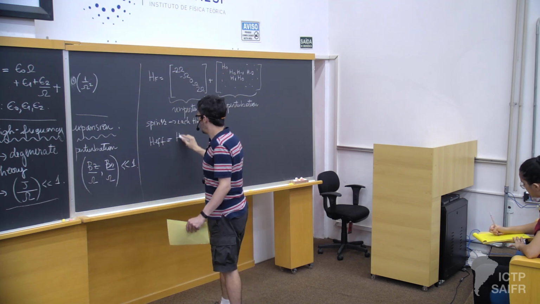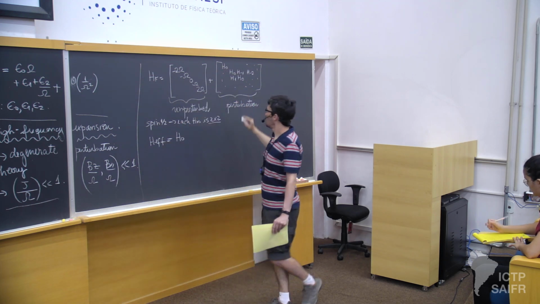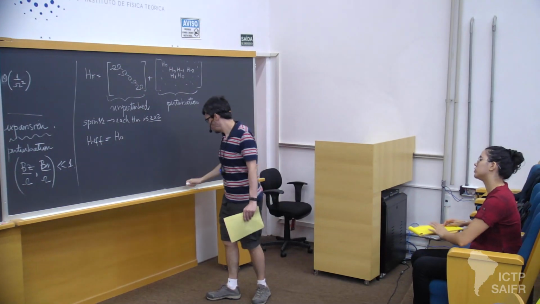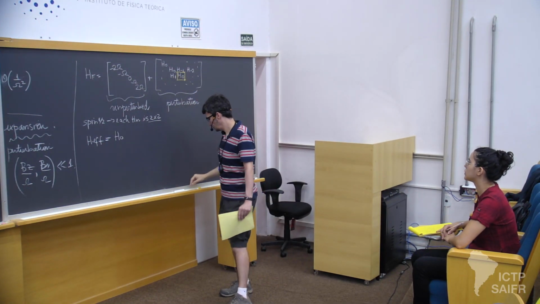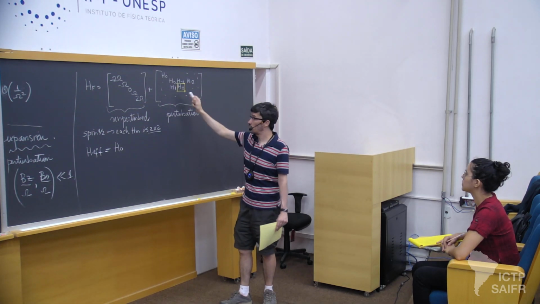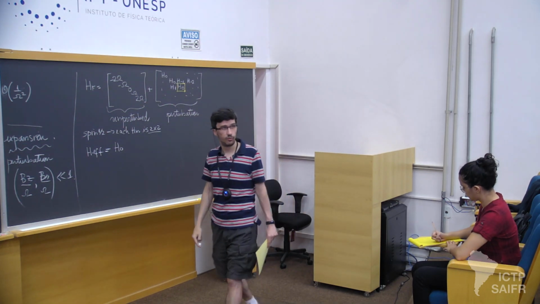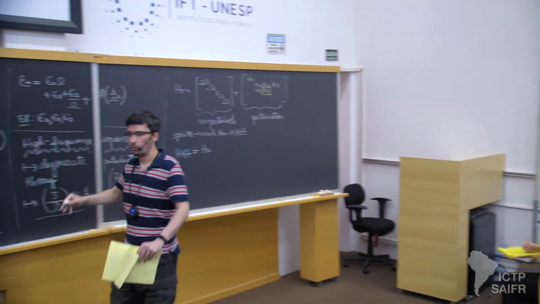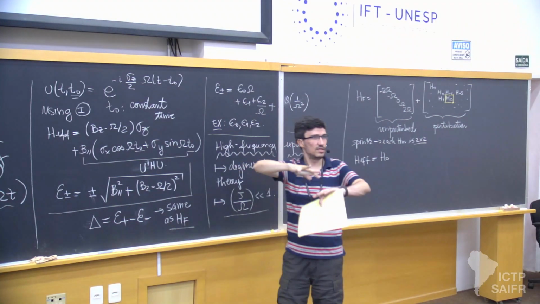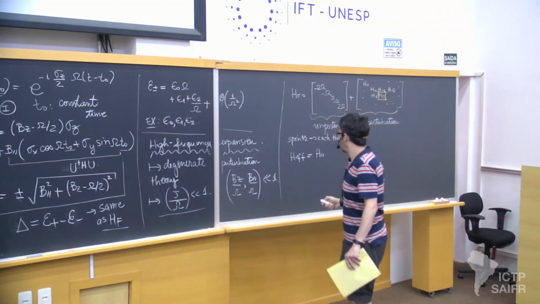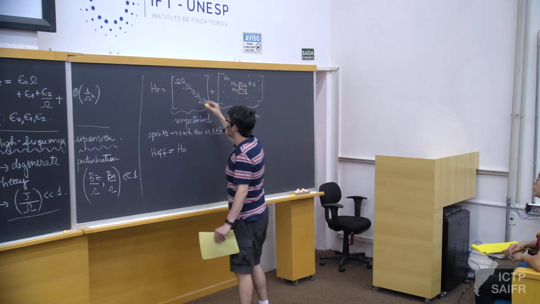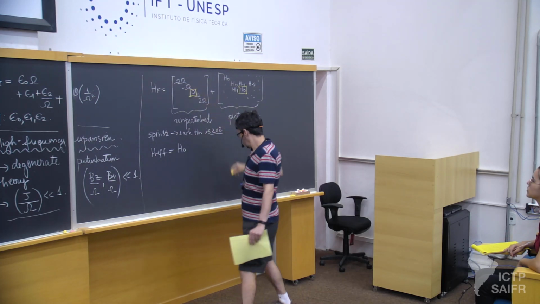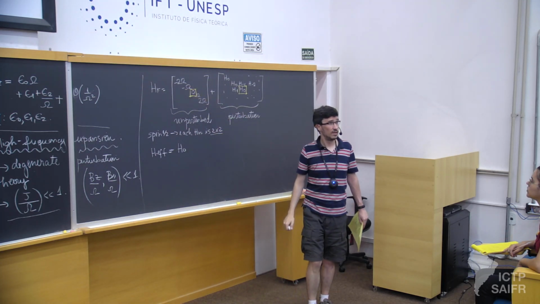To lowest order it is H0. So I choose a target manifold here. Let's say I want to see corrections inside this manifold of 0 photons. I will basically integrate out all the other sectors. Let's say this is the 0 photon sector, it corresponds to this, and I want to integrate out over everything else.